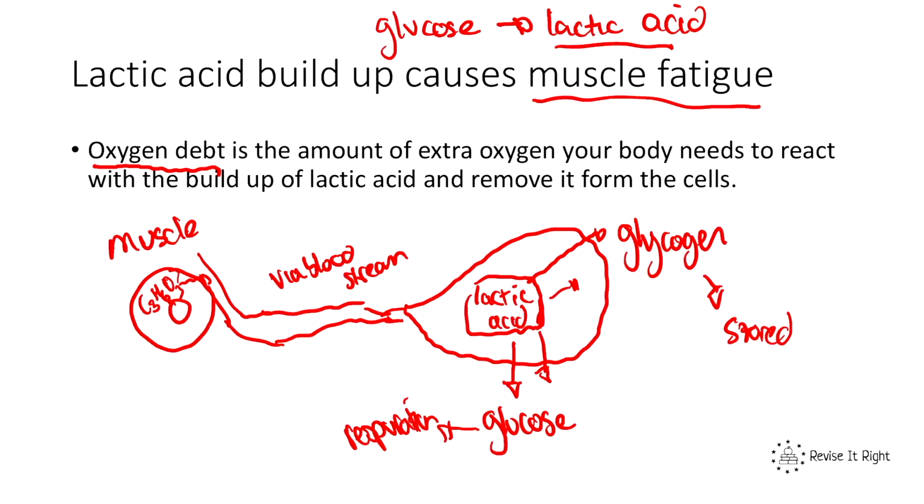We need that oxygen that we're puffing and panting to combine with the lactic acid so it can be broken down into something that's not as dangerous, such as glucose and glycogen. So the oxygen debt is the amount of extra oxygen your body needs to react with this lactic acid to remove it from our cells.